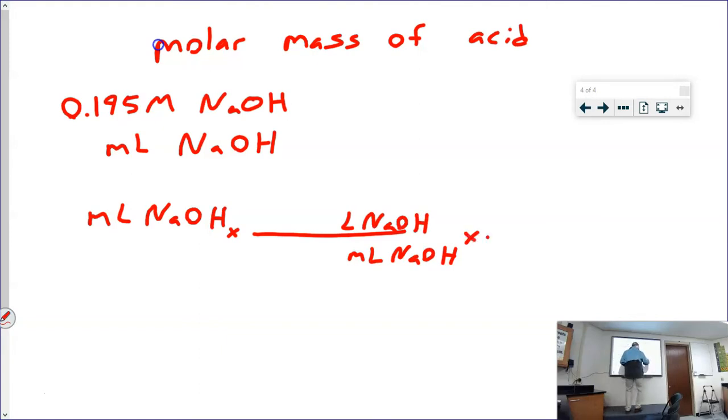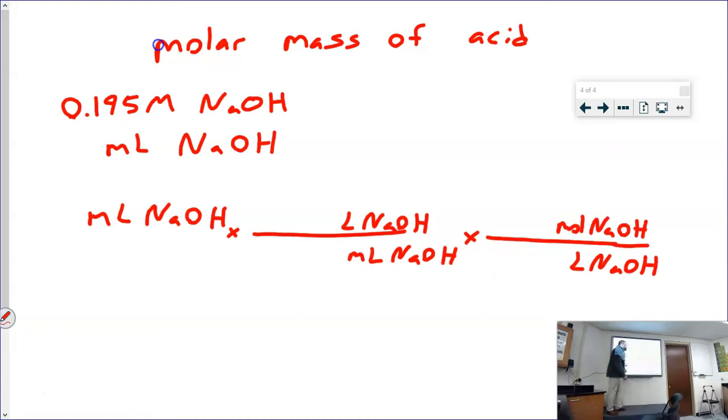You then go from liters to moles. And last but not least, you would need to convert moles of base into moles of acid. And we don't know the acid, right? So when you have an unknown acid, you can use a generic formula.